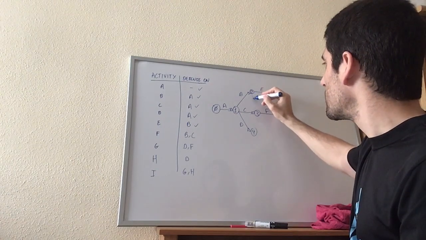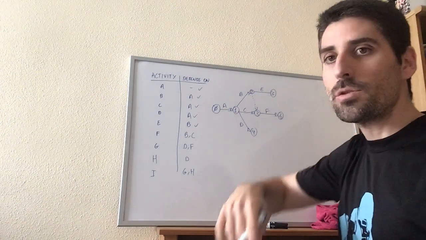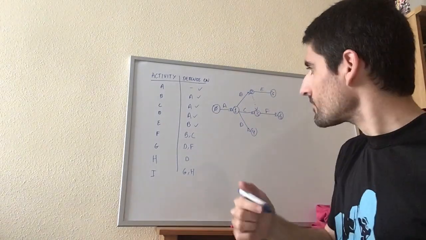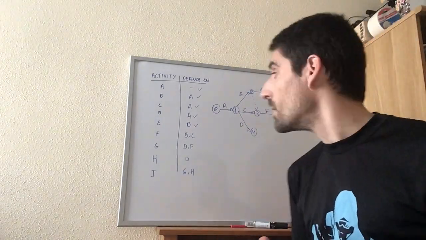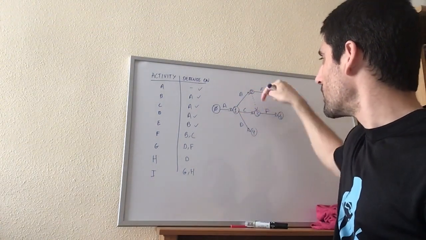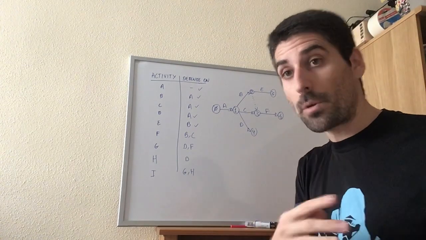Because I need to show that F depends on C and B. So that's where my dummy comes into play, because remember, I cannot have 2 arrows pointing to the same node from the same node.